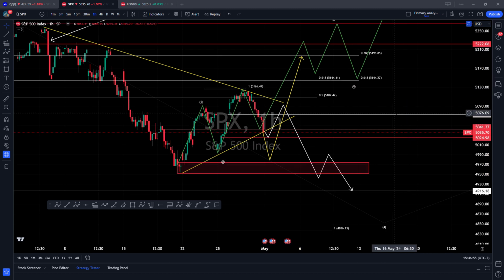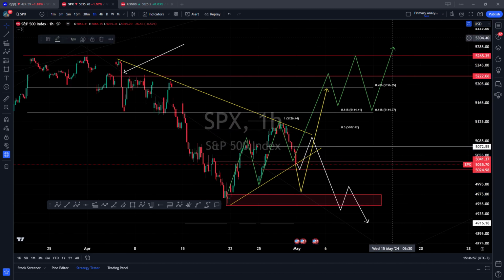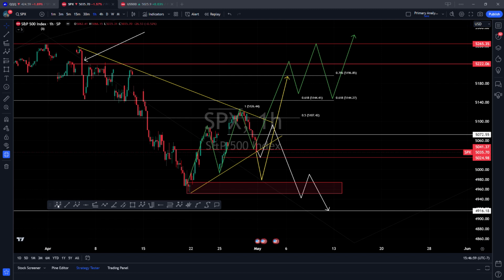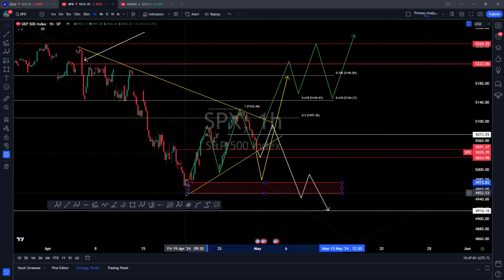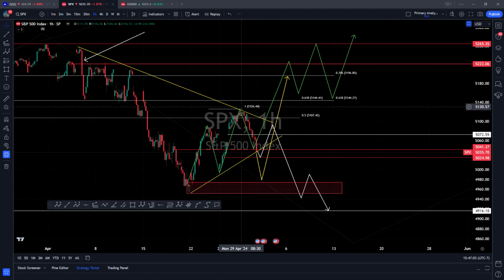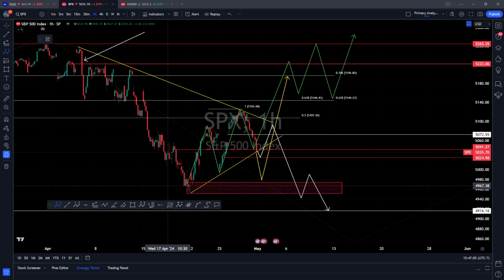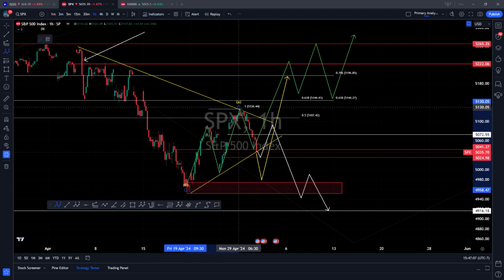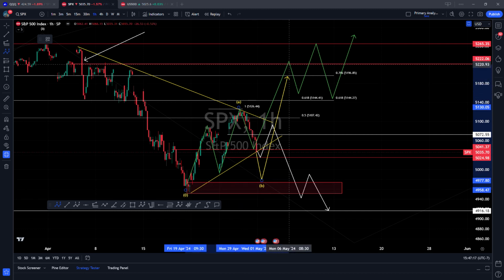Pretty simple, right? Now the third case that I drew up there was that this whole ABC is just an A leg, and we are coming down in a B leg. B can also be like that: you get a small bounce and then you get a sell, and you come to this demand zone, and then we get a C up in a flat, right?